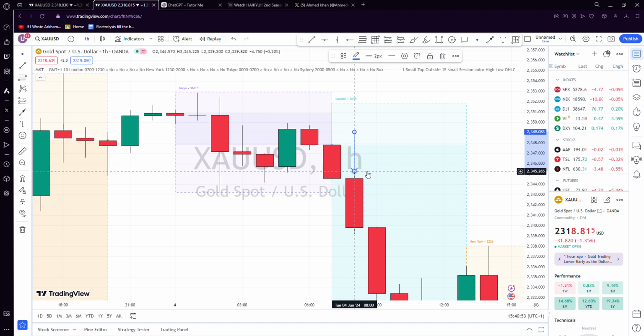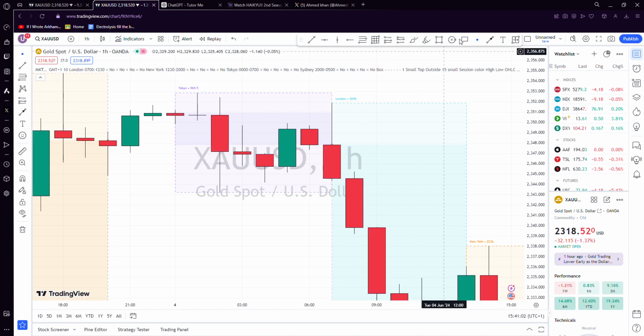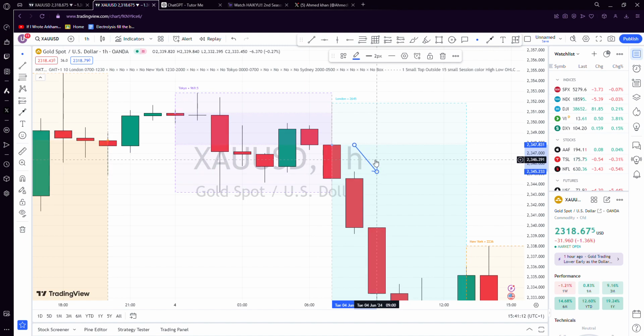So some of that imbalance was filled by this candle when it made the wick. The next candle pulled back a little bit into it, about a quarter of the way.